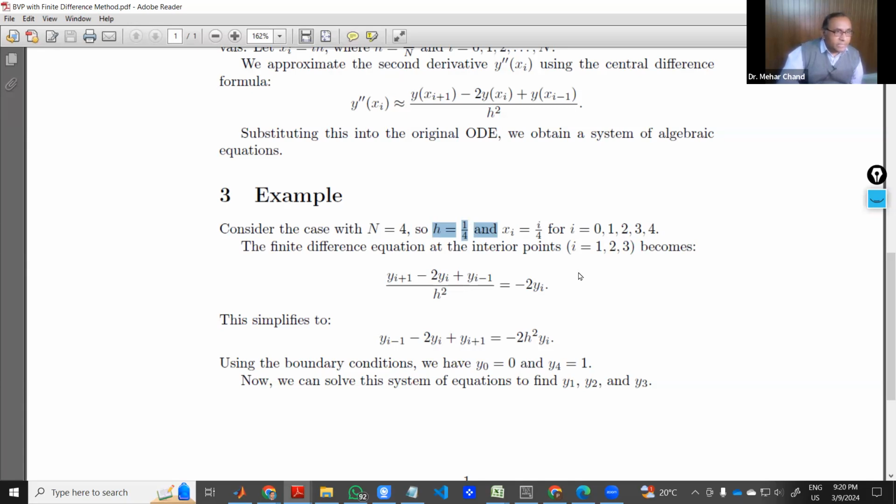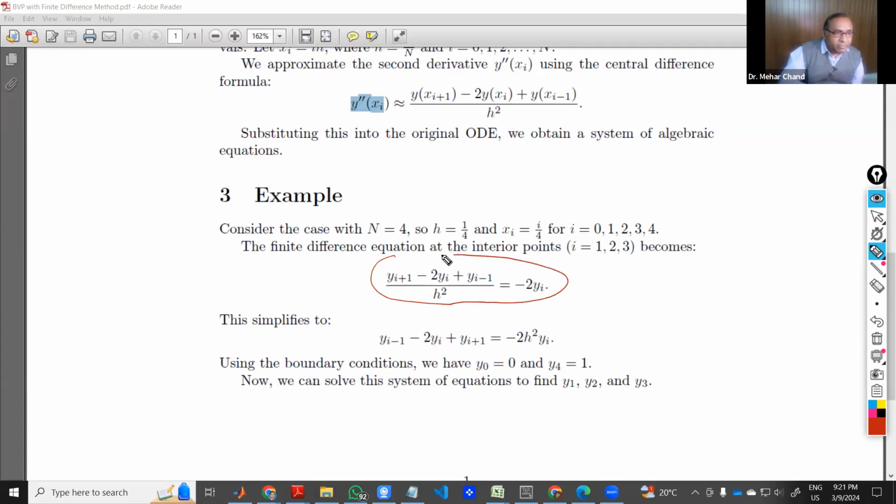When we put this in the given problem, we will have 2 times yi plus 1 minus 2yi plus yi minus 1 upon h square equal to minus 2yi.